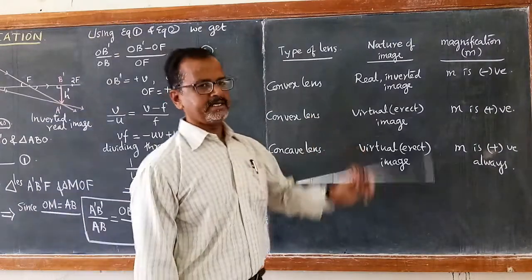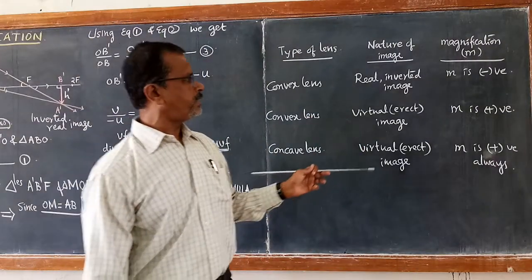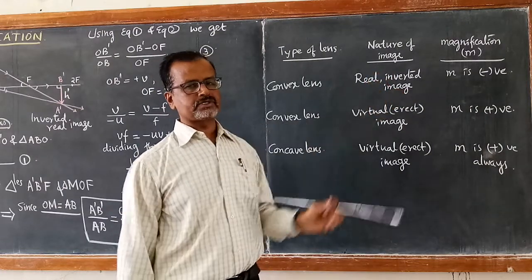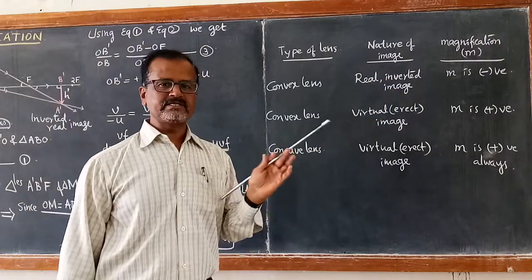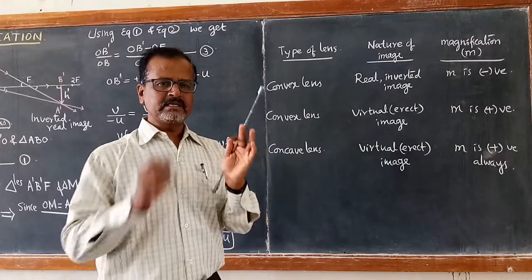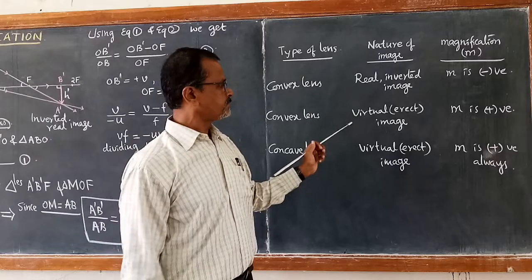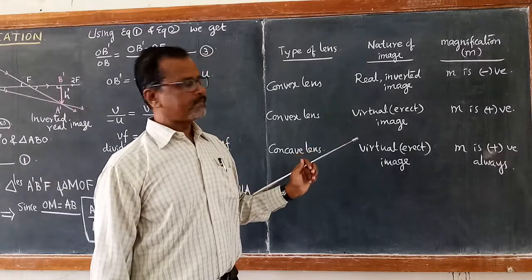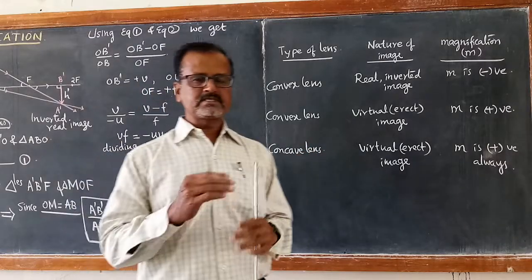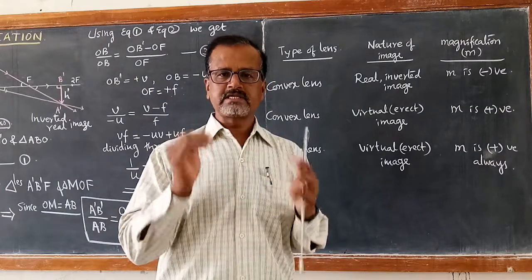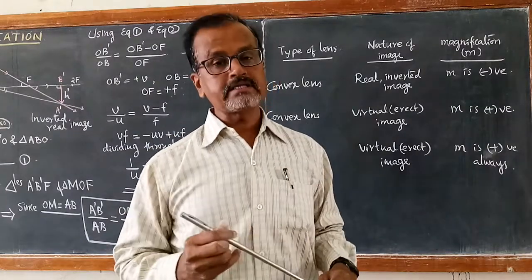If h dash by h is greater than 1, then it is magnified or enlarged. If h dash by h is less than 1, then it is diminished in size. I think you got the point. It means if the size of the image is greater than size of the object, then such an image is called an enlarged image.